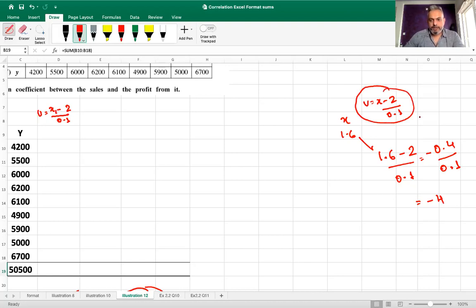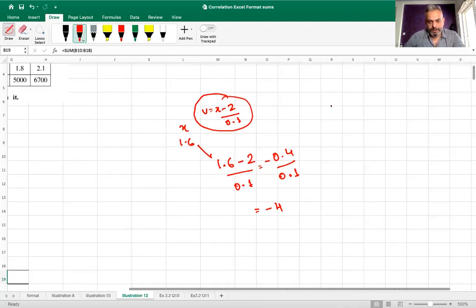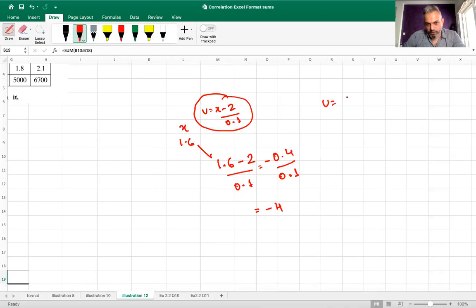Another way of doing it is, please pay attention, u is equal to x minus 2 upon 1 by 10. Now, when it is upon 1 by 10, this 10 comes up on top, so it will become 10 into x minus 2.